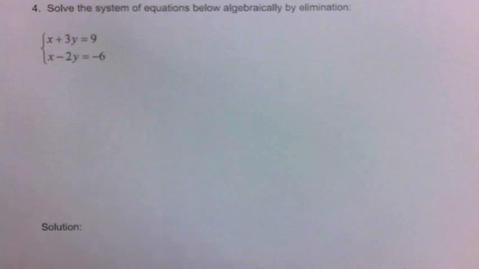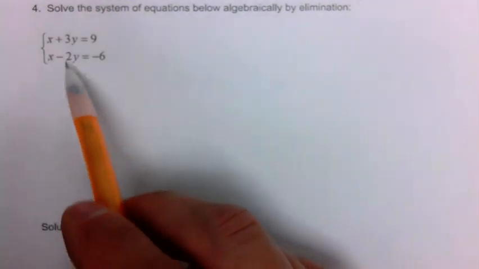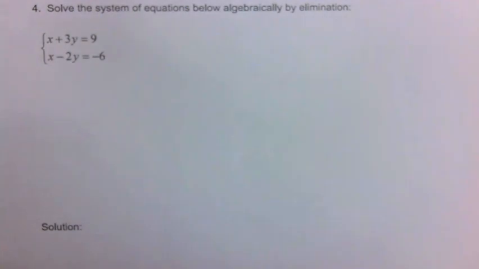In the next system, x plus 3y equals 9 and x minus 2y equals negative 6. We're going to use the elimination method again, so we're looking for opposites. And again, in this example, I don't see any opposites. X's are the same, 3y and negative 2y aren't opposites, 9 and negative 6 aren't opposites.